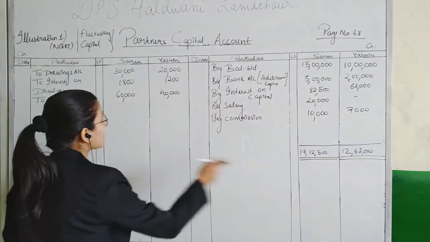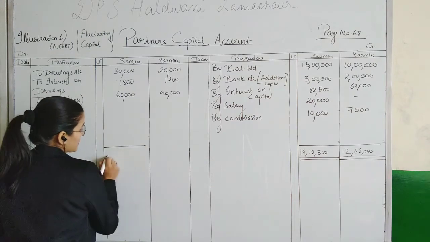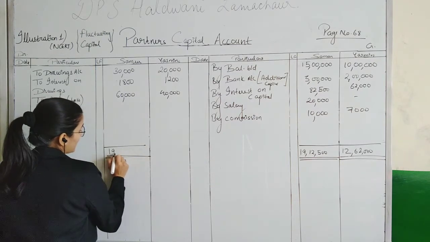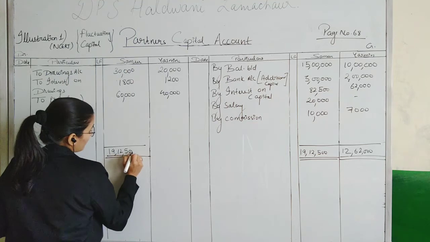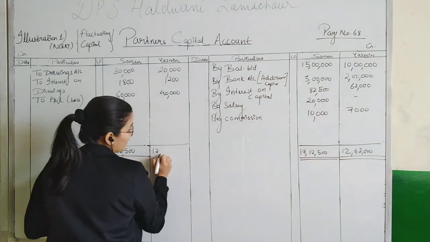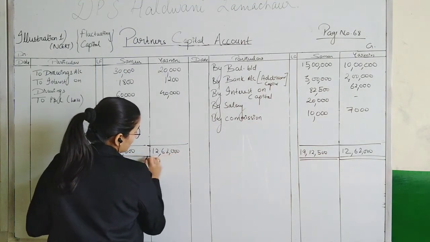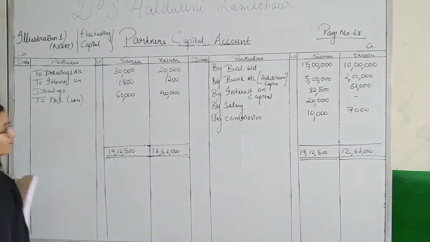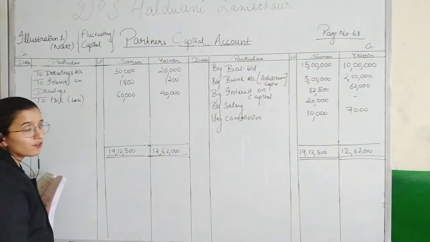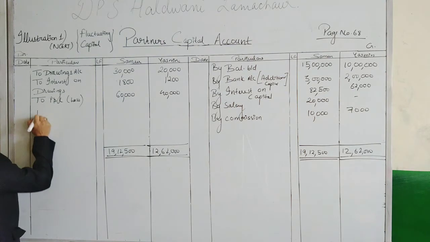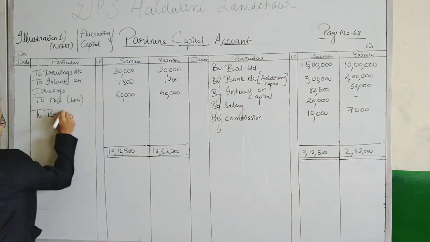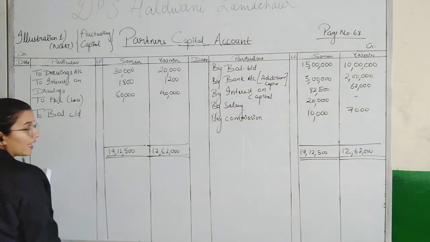So we will record the same amount on debit side also, 19,12,500 and 12,62,000. So this will be the balancing figure for us. Balancing figure is written as to balance carried down.